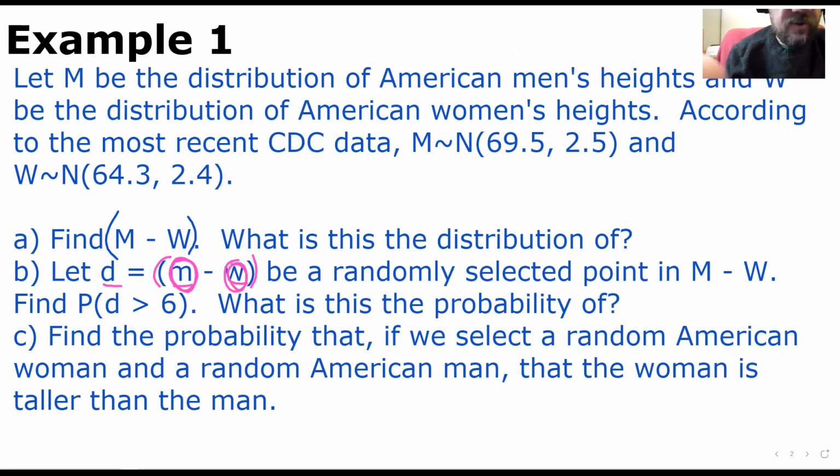I'm just going to call that thing D, just so I don't have to write m minus w for everything and can just use one letter for it. I'm going to let D be a randomly selected point in m minus w, so it's one difference between one random man and one random woman. And I want to find the probability that D is bigger than 6. So in other words, what's the probability? Oh, I'm sorry, I meant to make that 7.